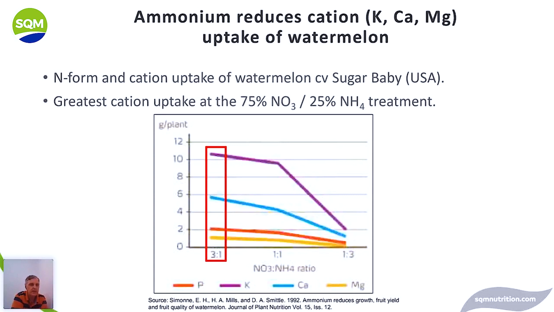Potassium content in the plant tissue. Same for calcium. We drop from 5.9 on the 3:1 to around 1.8 for 1 to 3. And this is just by changing the nitrogen balance. The amount of nutrients applied was the same in all the treatments. The only difference was the nitrate to ammoniacal nitrogen ratio.